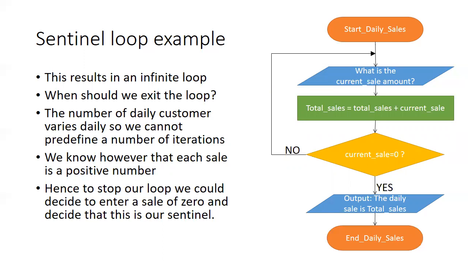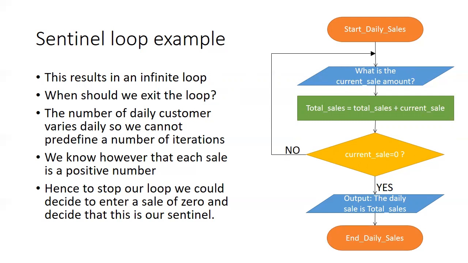All right. Now, that means that you have to be careful, because if we put a number in here that was actually a possible number for our sales, then you would possibly mess up your program. So we typically choose a number for our Sentinel that somebody wouldn't normally use. Often we'll just say if it's a number less than 0, because nobody's going to enter a negative number for a sale. All right, so when the user types that the sale is 0, then we're going to stop our loop.